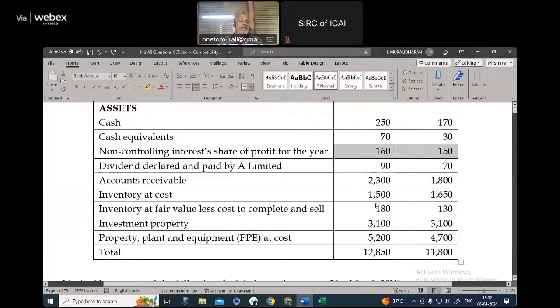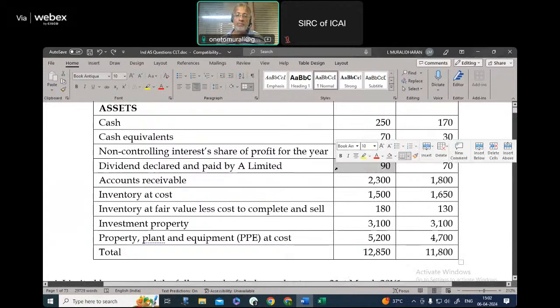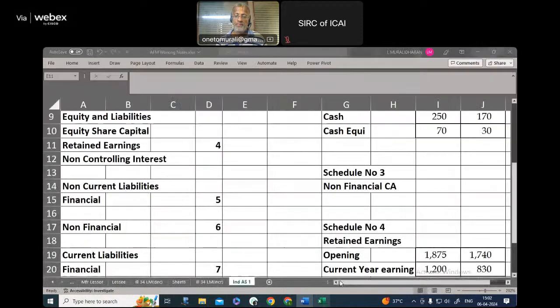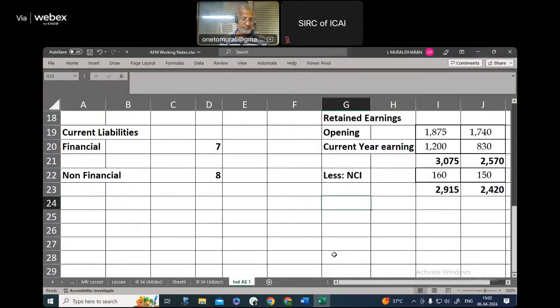So we will take up that. So this 90 and 70 we will be deducting. Less dividend paid. Instead of adjusting in retained earnings, it got adjusted here.